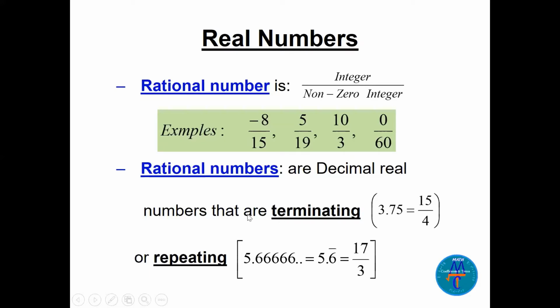If you see a decimal number that's repeating, like 5.666666, or any repeating number, listen carefully, it can be one number repeated, two, three, four, five, six numbers, maybe 4.132, 132, 132, 132. We know for sure there is a fraction equal to that number.